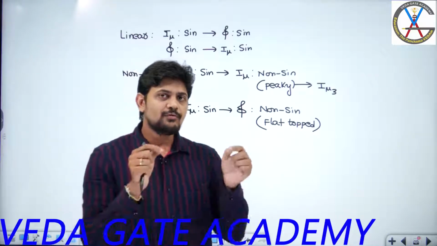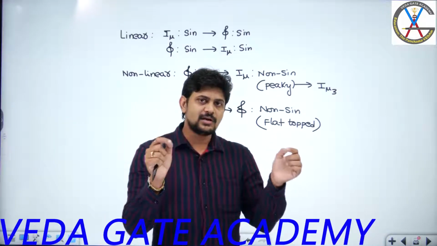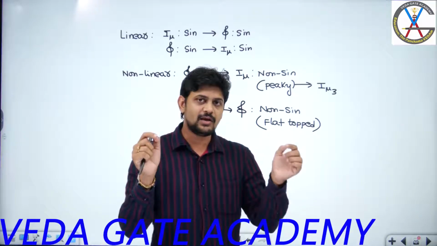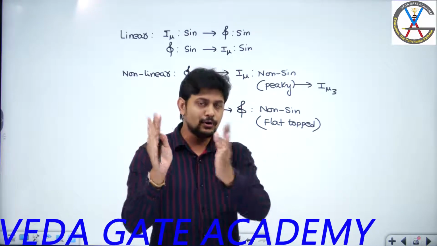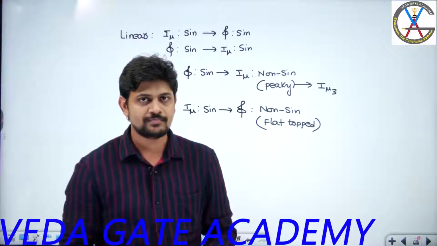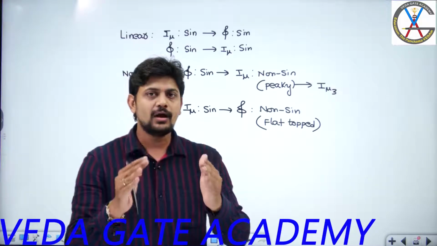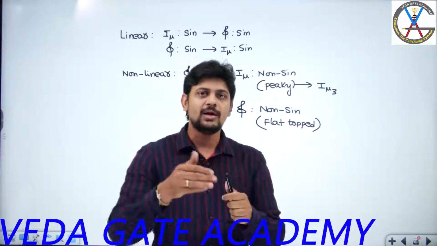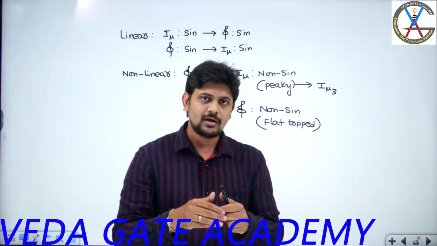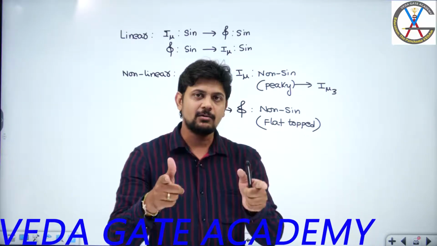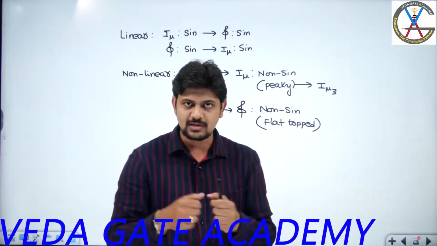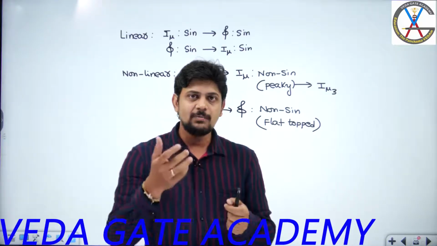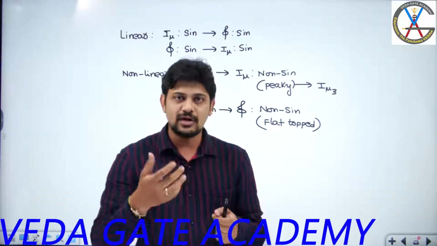So the flow of the third harmonic component of current in the transformer primary winding is very, very important in order to produce pure sinusoidal EMFs. If the third harmonic component of current is not allowed by the primary winding, then the shape of the flux is flat-topped, non-sinusoidal in nature, and the resultant shape of the EMFs becomes non-sinusoidal.